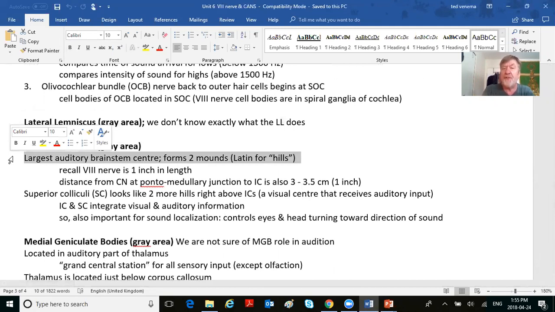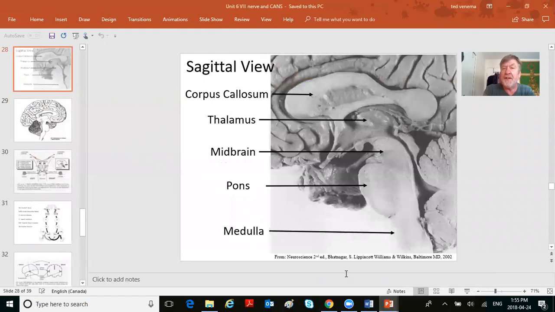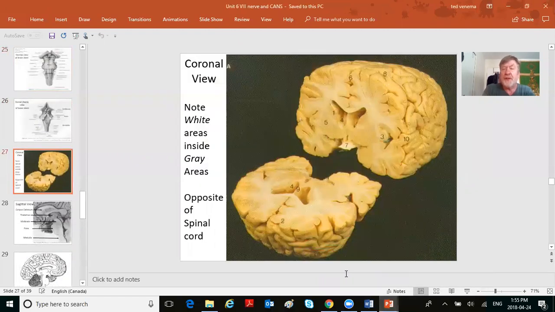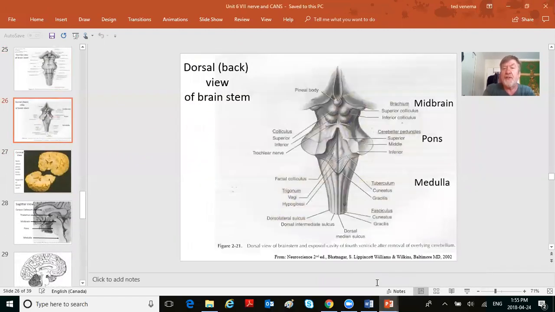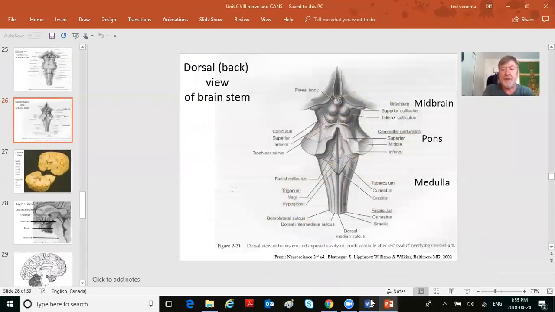They call them inferior because, as we said earlier, if you're looking at the brain stem itself from the back, you'll see four mounds. Superior colliculi, inferior colliculi. Superior are vision, inferior are hearing. All right. Back to the notes.